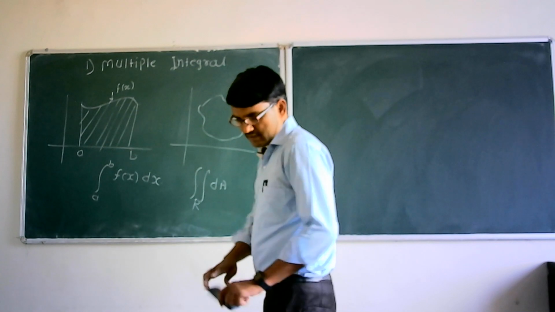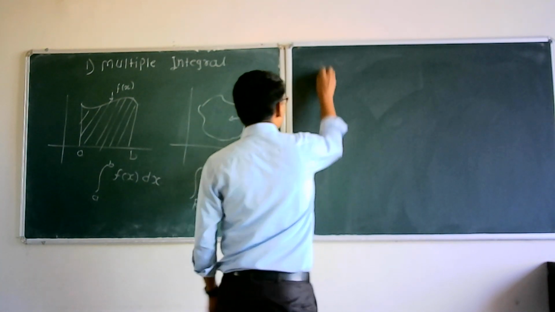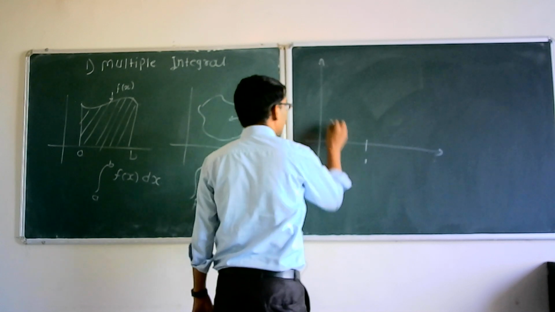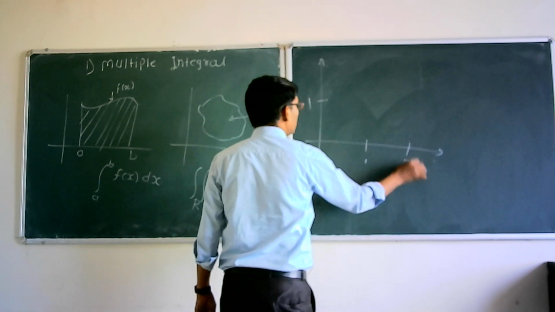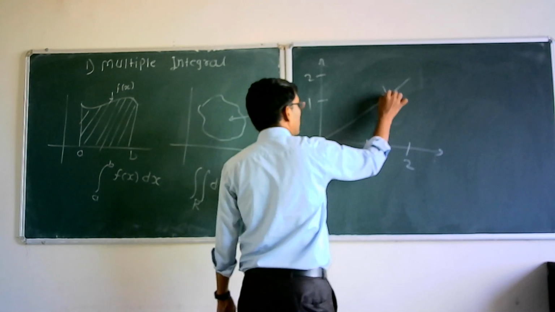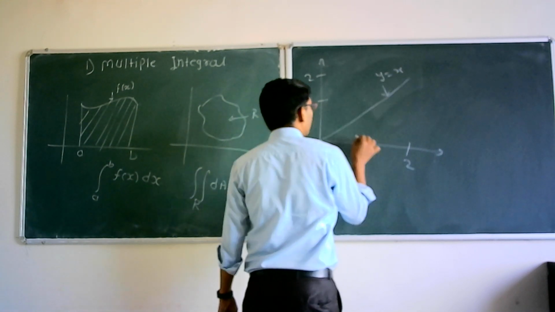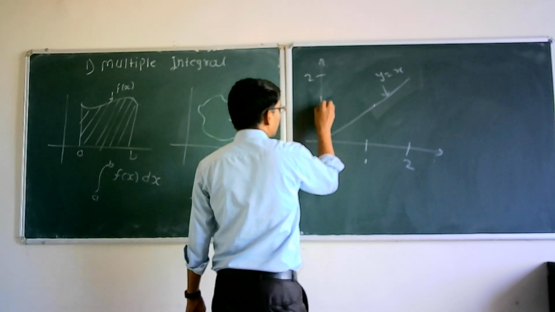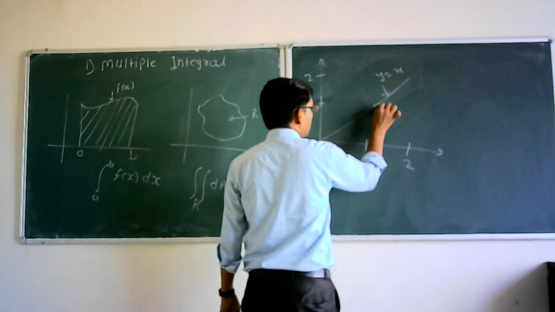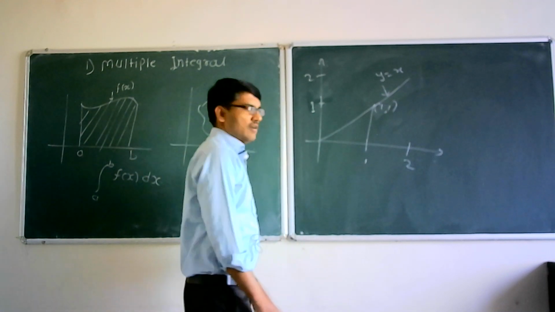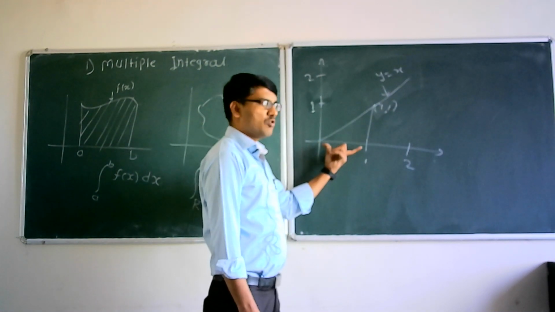For example, suppose this is the xy axis, with marks 1, 1, 2, 2, and this is the line y = x, with the intersecting point (1, 1). We want to evaluate the area under the curve from 0 to 1.